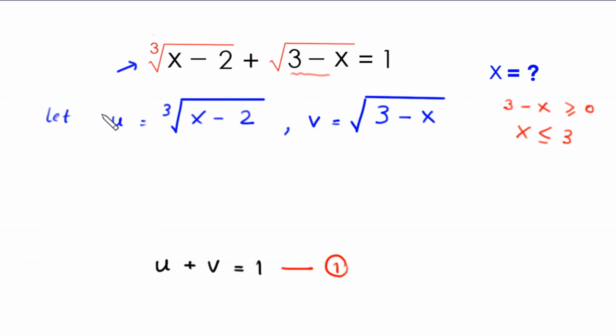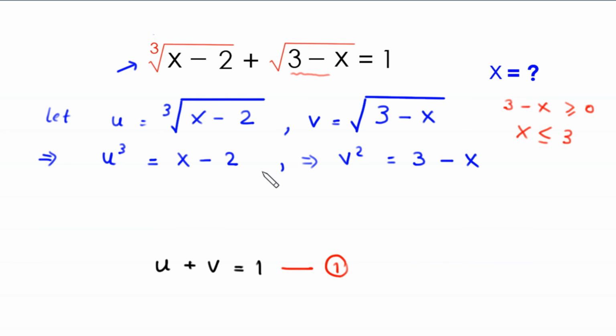Now if you take a cube of both sides of the first definition, this implies that u cubed equal to x minus 2, and if we take a square of both sides of the second, this implies that v squared equal to 3 minus x.